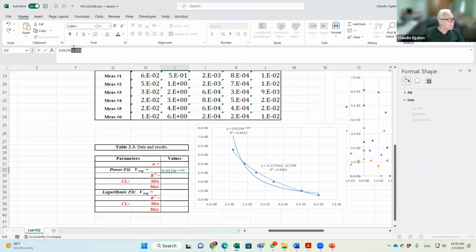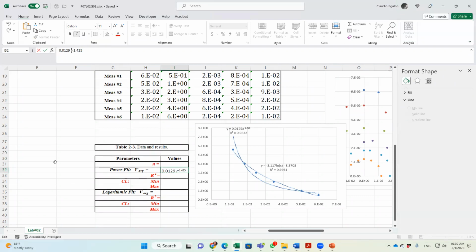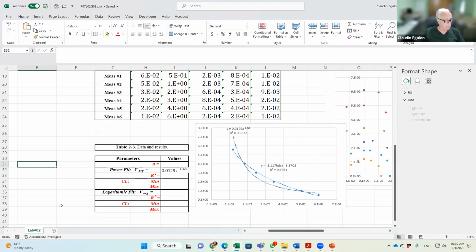Does it look nicer? Italicize it. Okay, so then we'll have the trend line slope values for both. Gotcha. Thank you. Don't forget the R square too.